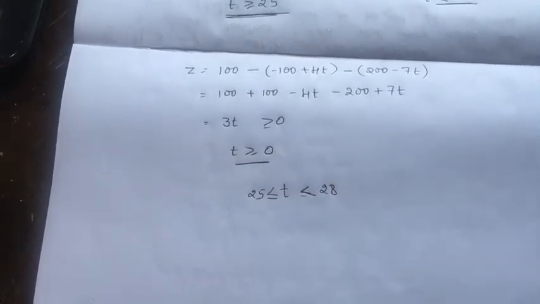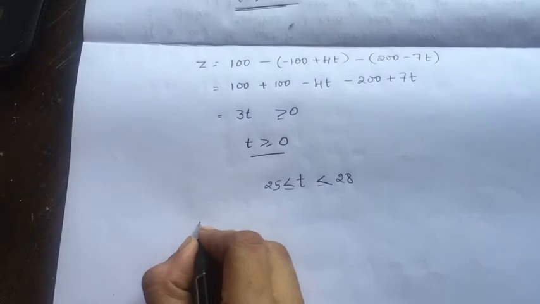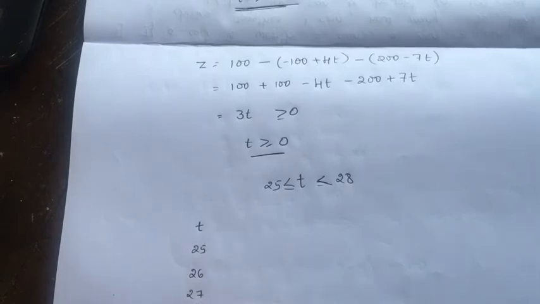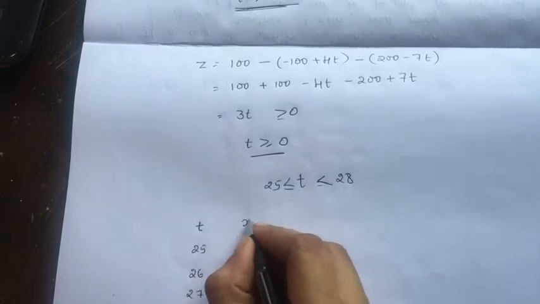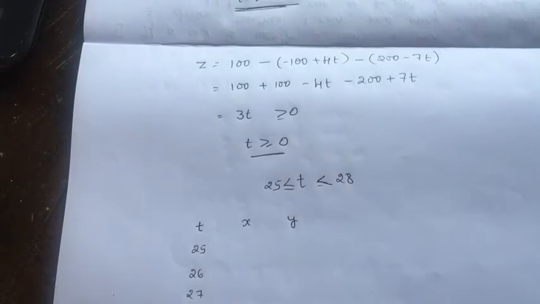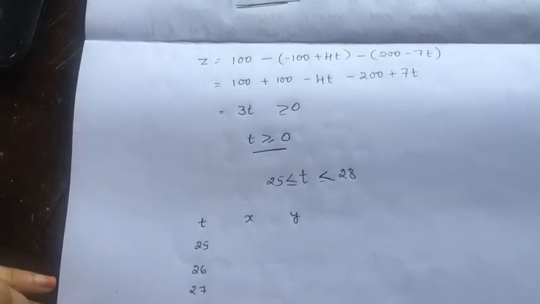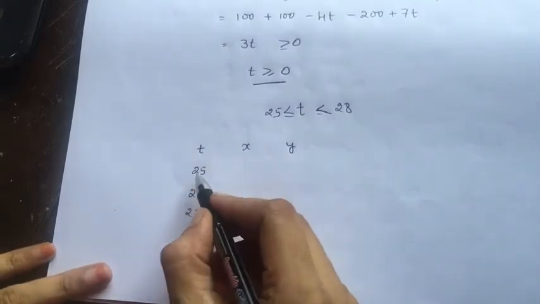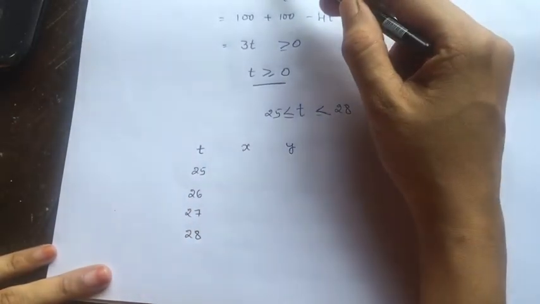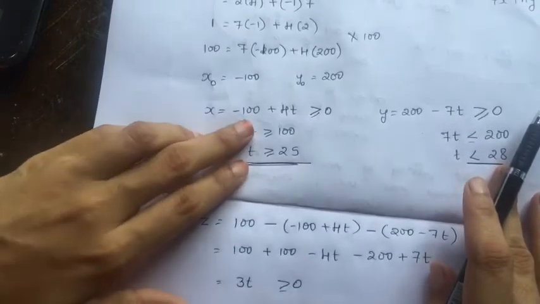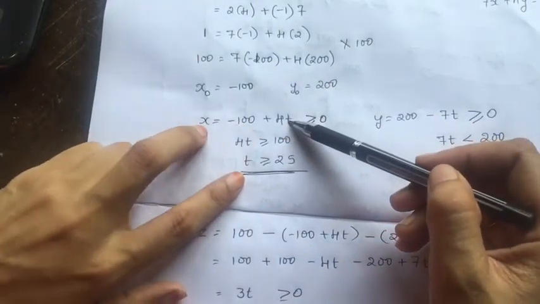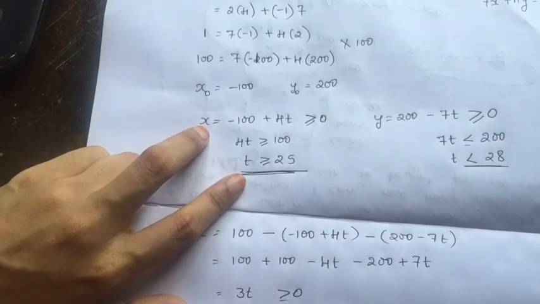So we'll make a table now. Put t values 25, 26, 27 and 28. We'll find the values of x and y. So when t is 25, in this equation, x value becomes 0.